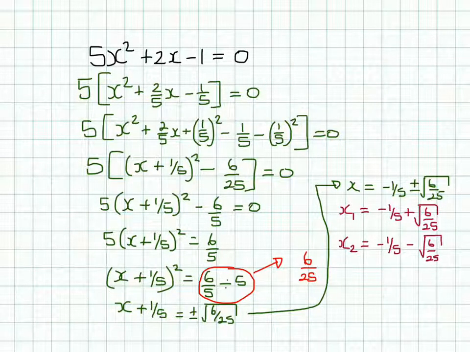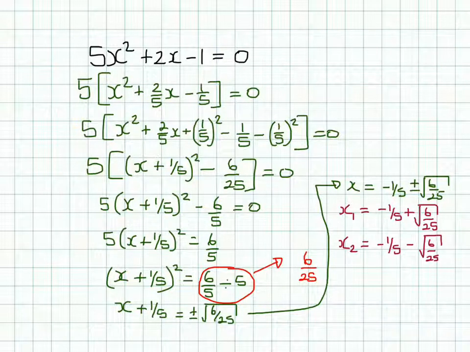Particularly in an exam, if they've asked you to leave your answer in exact form, it means do not round it, keep it with the square roots, don't try to bring it to a decimal. And in many cases they will ask you to leave it in the exact form. Okay, and if that's the case, then you leave it like that.